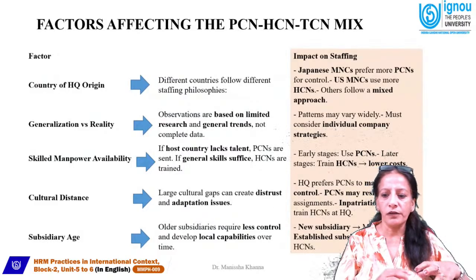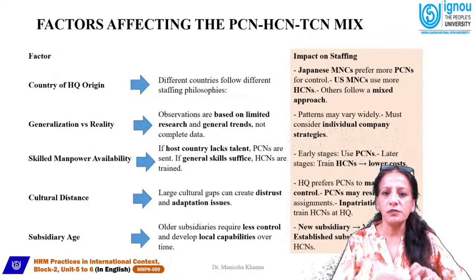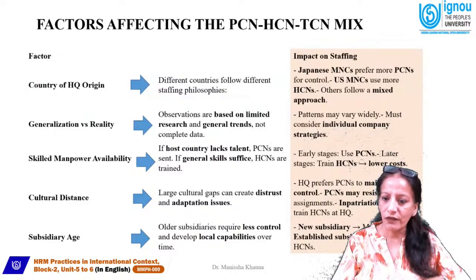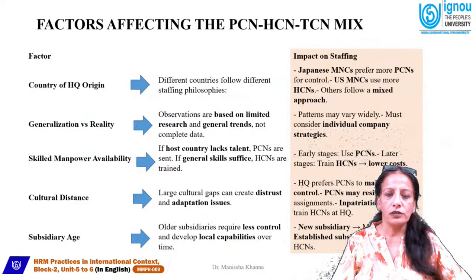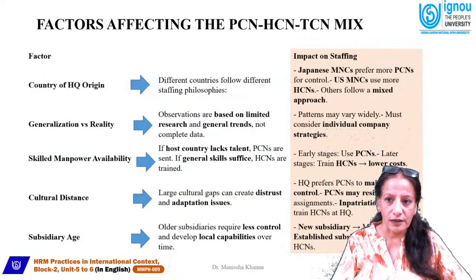Headquarters prefer PCNs to maintain control, and PCNs may resist foreign assignments. So when it comes to the mix factor, it impacts staffing in this way also. When it is a new subsidiary, there are more PCNs, and in established subsidiaries, more HCNs.